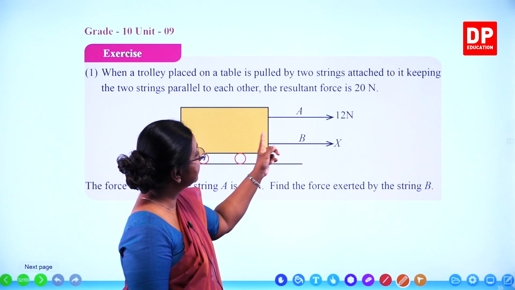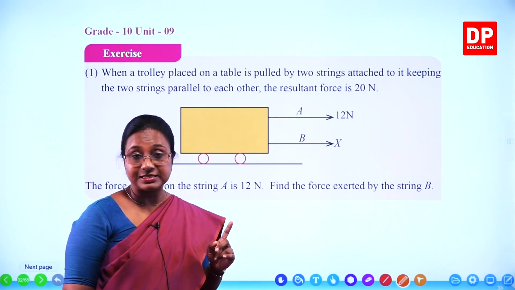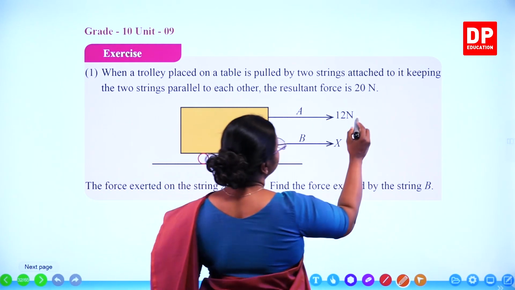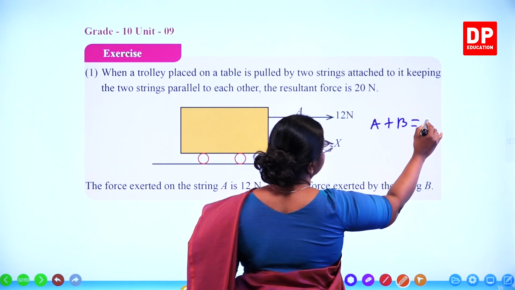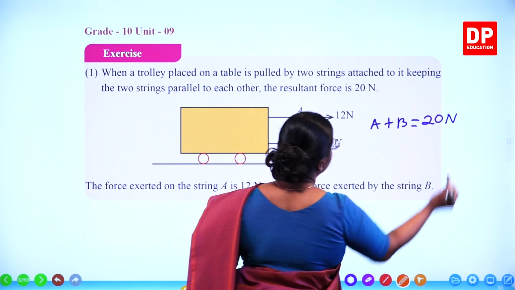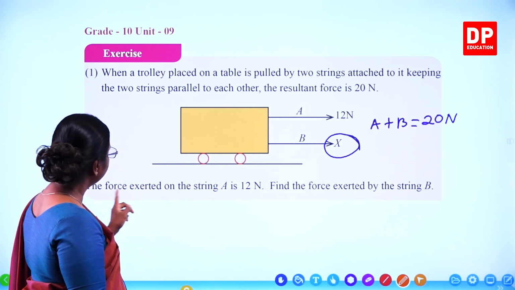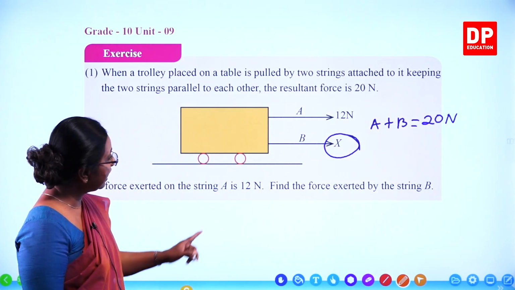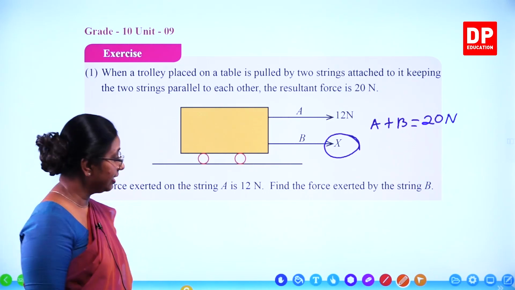So, here you can see in the diagram A is 12 Newton and B is X. But the resultant of these two, A plus B, is given as 20 Newton. So, you need to find the value of X. The force exerted on the string A is 12 Newton. Find the force exerted by the string B.